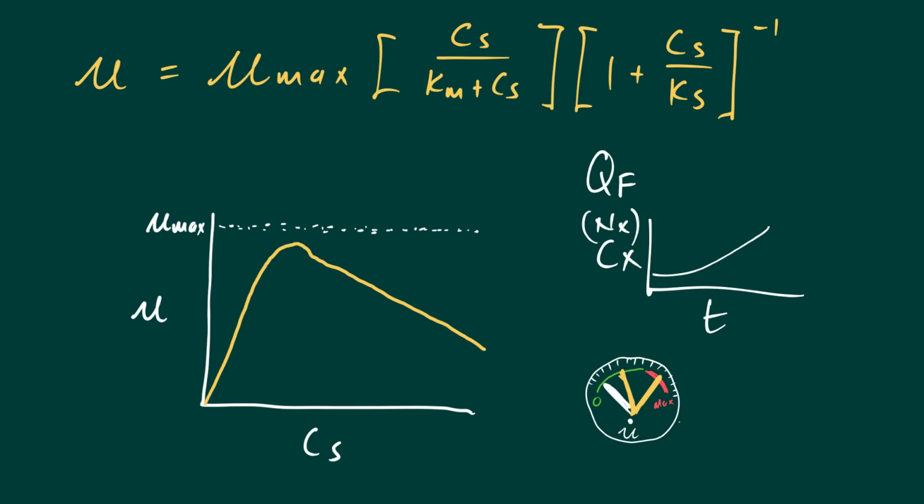And because of this function, you preferably want to adapt your QF. You don't want it to be too high. If QF is too high, you go over to this side. If QF is too low, you go over to this side, and you'll see this in your calculations. So it's all about feeding the right amount at the right time, trying to operate at the optimum, and this is really the optimum substrate concentration in the fermenter.